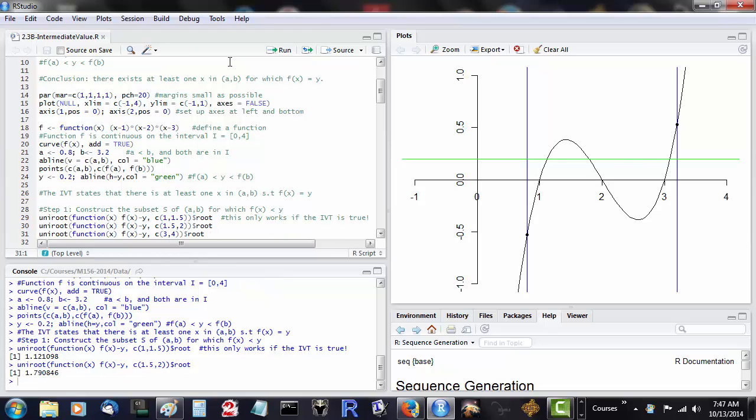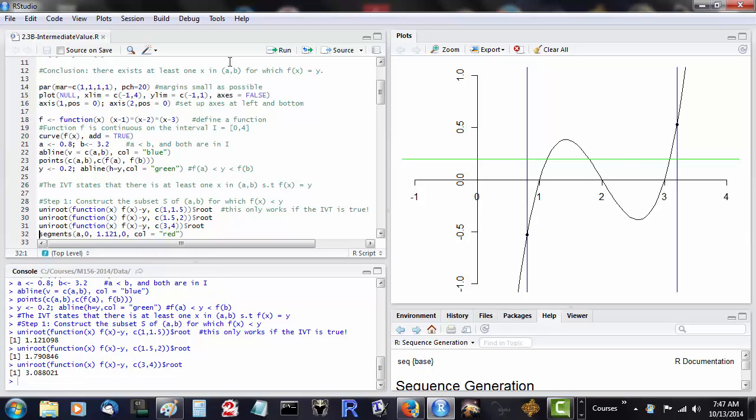So I find the three intersections of the graph with the green line at 1.12, 1.79, and 3.08.